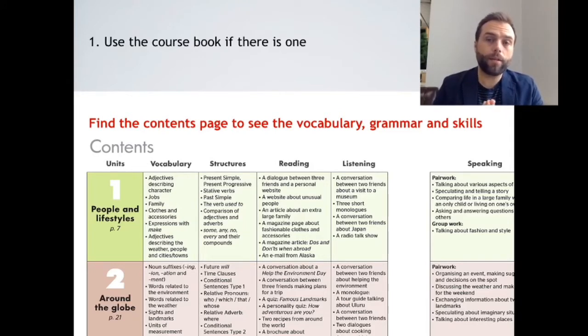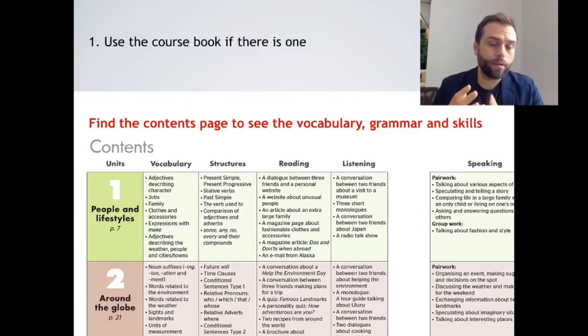One suggestion, if you have a course book, is to find the contents page to see the vocabulary, grammar, and skills. Even if you're not using the course book as your main material, or you're planning to have lots of other activities, the contents page that lists the vocabulary, the structures, and the different types of activities will help you with your materials selection and developing other activities as well.